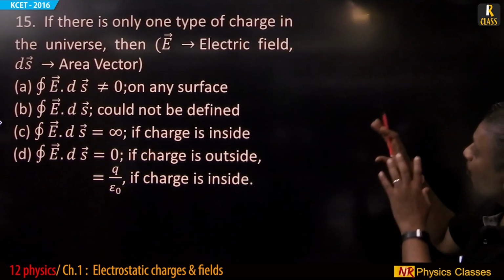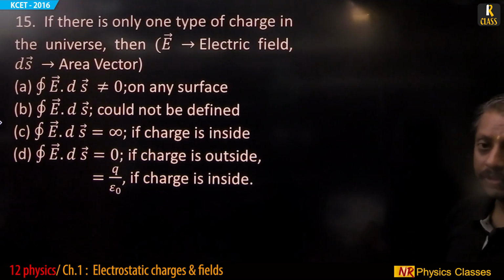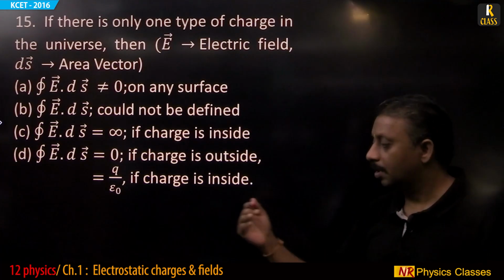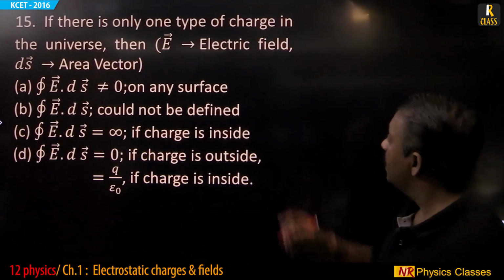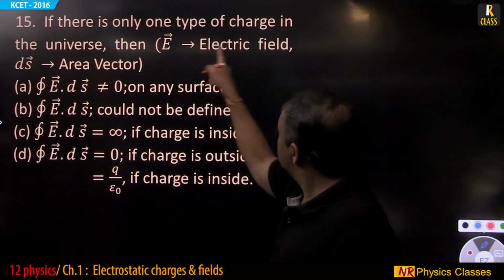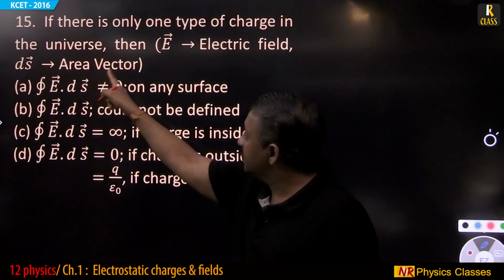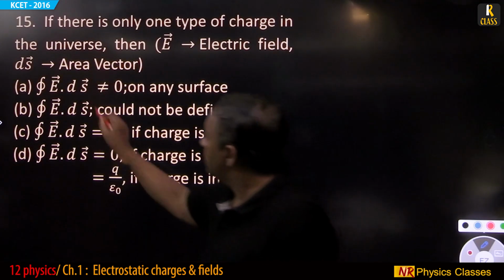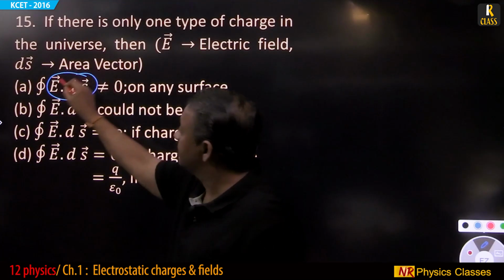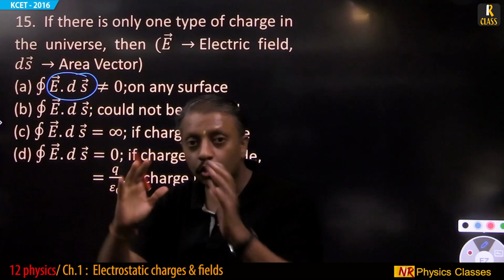If there is only one type of charge in the universe, only positive or only negative, then E is electric field, ds is area vector. This is flux. Integration, total flux.